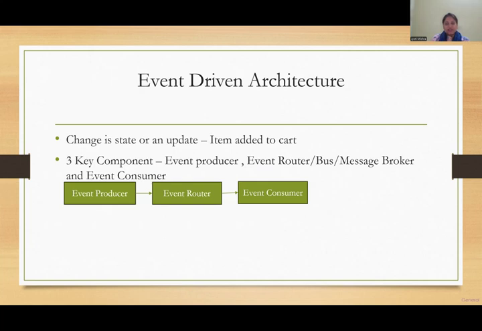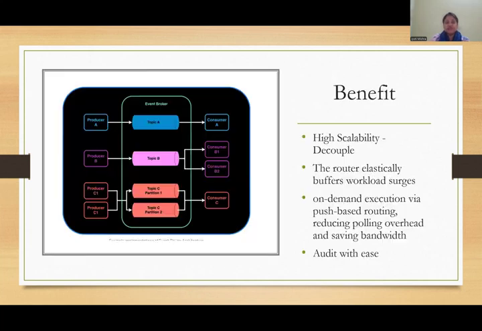You've got producer, you've got your router and consumer, and these are the benefits. You can scale your broker, or your router is able to take care of the surge in traffic. Hence scalability, availability, all those things. Even if there is a failure in one service, it won't impact the other services. Your event router would continue to work, right? But here you'll see the bottleneck then would become your event broker.